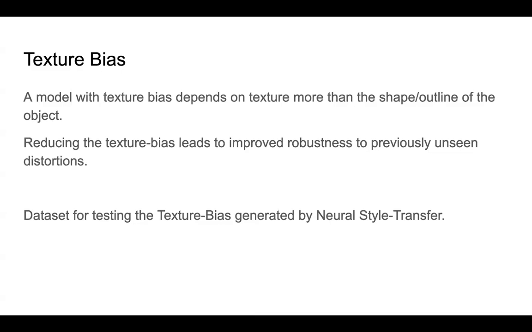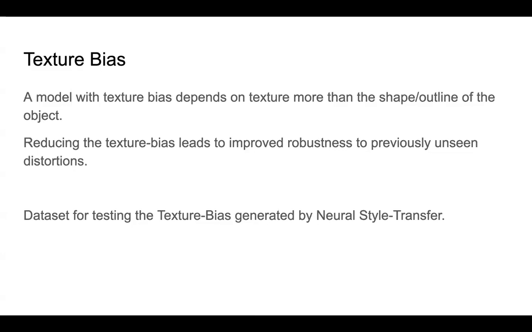But if I show it a green banana, there is a slight chance that it may not be able to predict it, even though the shape of both bananas is similar. Just because the texture, the color, was different, the model was not successful in predicting the other banana.